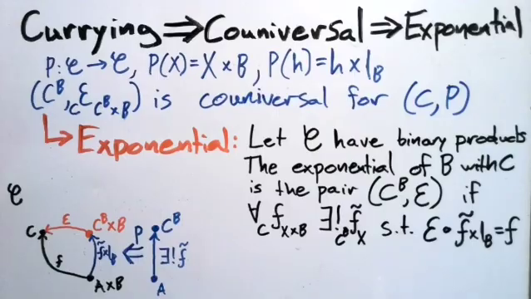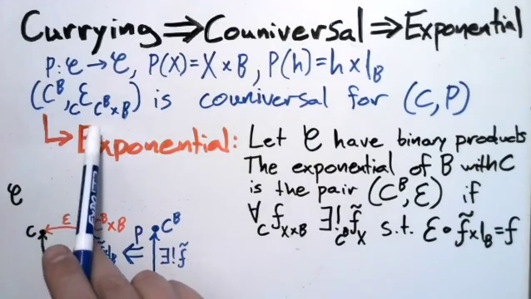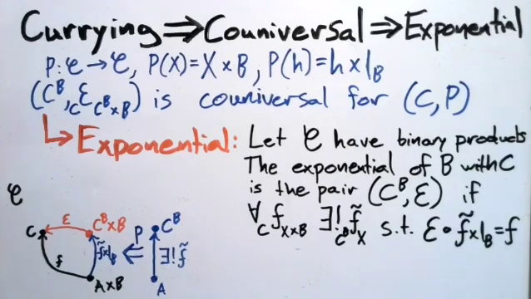So to explicitly define it based on this definition here, we can say that if C is a category with binary products, then the exponential of B with C is the pair C superscript B, which is just an object in C, and the evaluation map, which goes from C superscript B cross B into C. Then for any X, if we have an F going from X cross B into C, in this case X was A here, then there needs to be a unique F tilde, or curried version of F, which satisfies this equation.